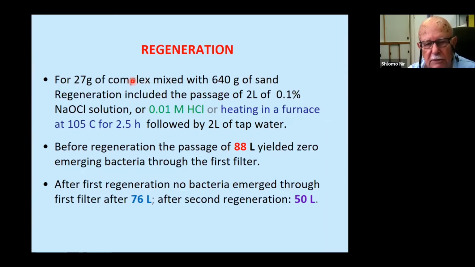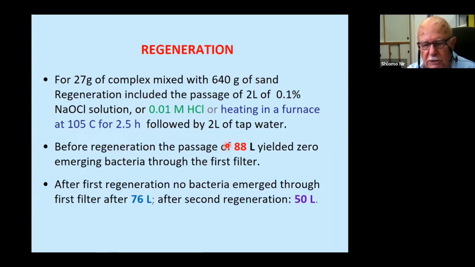There was no need to mix with sand to enable flow, but just to shorten the experiment. Regeneration included passage of dilute solutions of sodium hypochlorite or HCl, or heating in a furnace at 105 degrees for 2.5 hours.